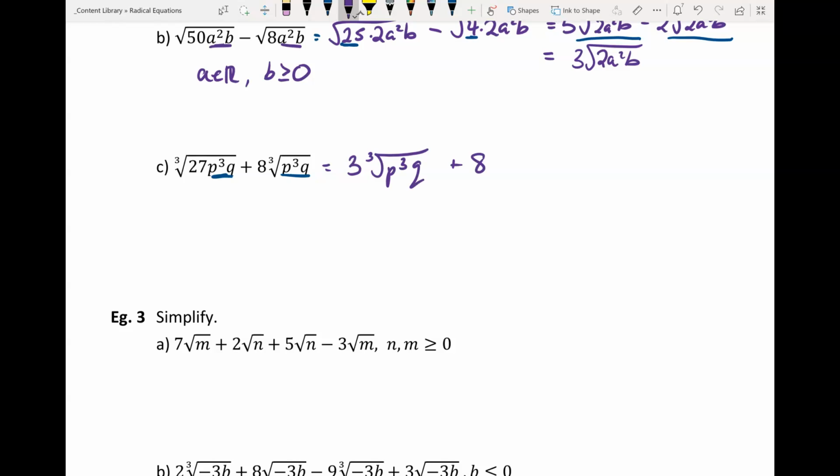And I'll leave the other term alone. Okay, and then we can just add the 3 and the 8, because our like term is the cube root of p to the power 3q. And that would be 11.